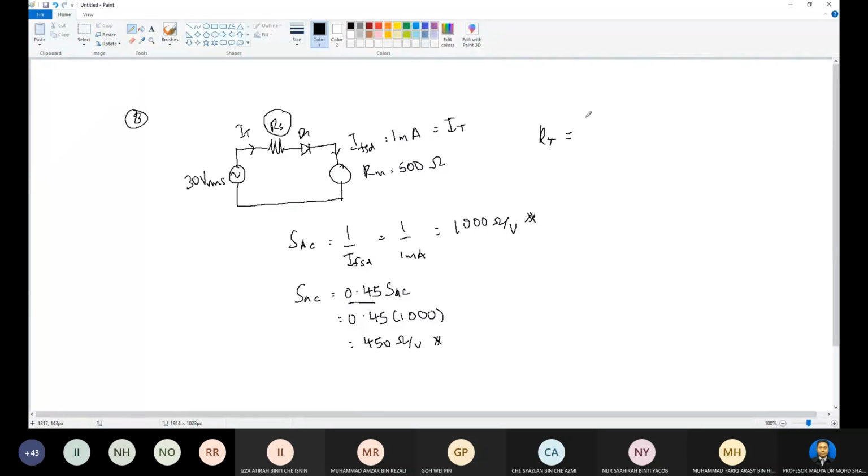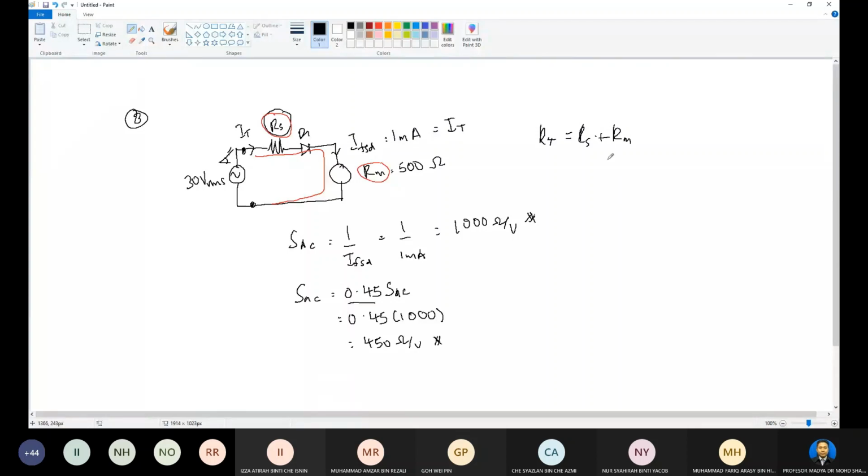You can see from this point to this point, RT equals RS plus RM, because RS and RM are in series. You can see the flow from the source, so RS is in series with RM. That is why RT equals RS plus RM.